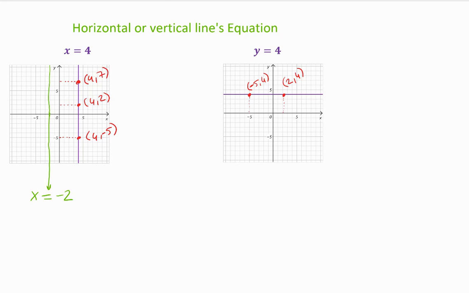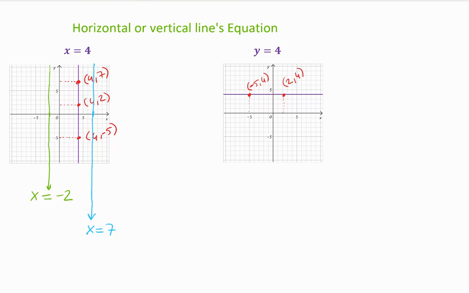This is my x equals negative 2. Let me choose another color. If I have x equals 7, where is x equals 7? 6, 7 here. So I need to draw a line like that. This is my x equals 7.